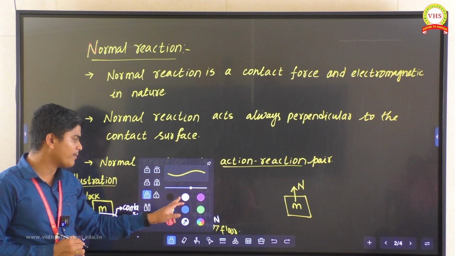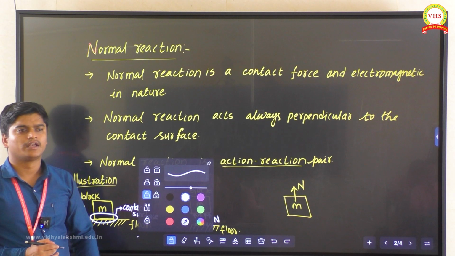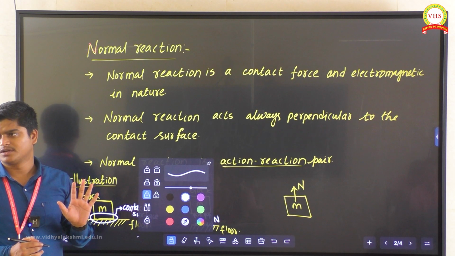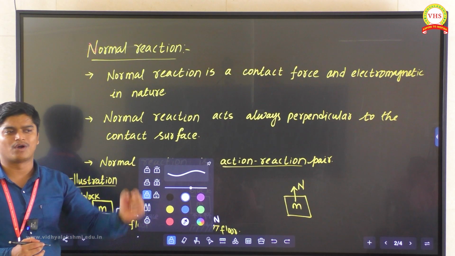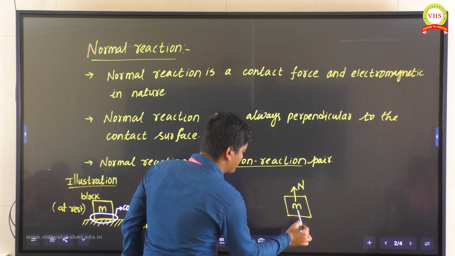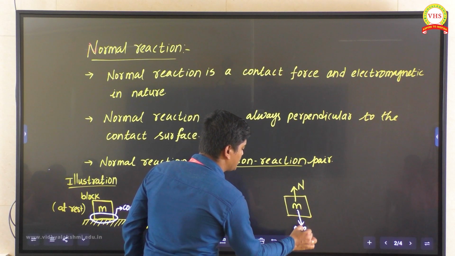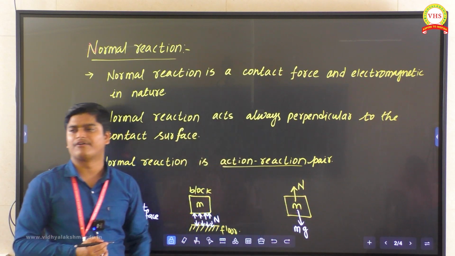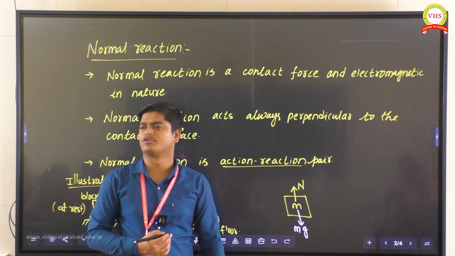And you already know about gravitational force. On every object, gravitational force will act in the downward direction, towards the center of earth. So on this object also gravitational force will act, which is nothing but mass of this object times acceleration due to gravity.